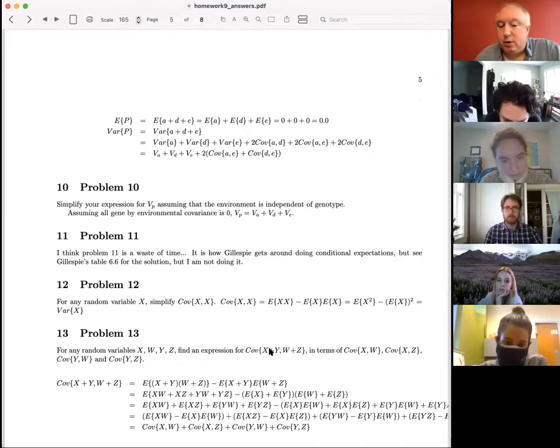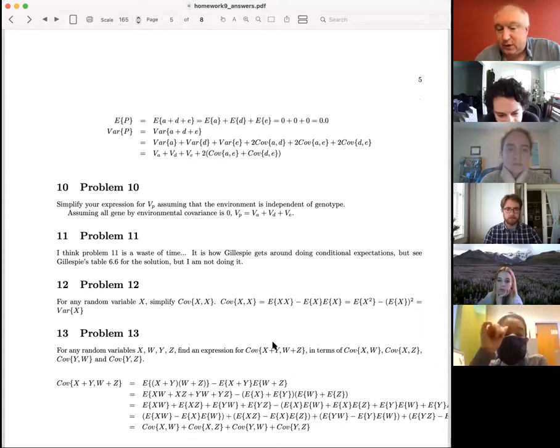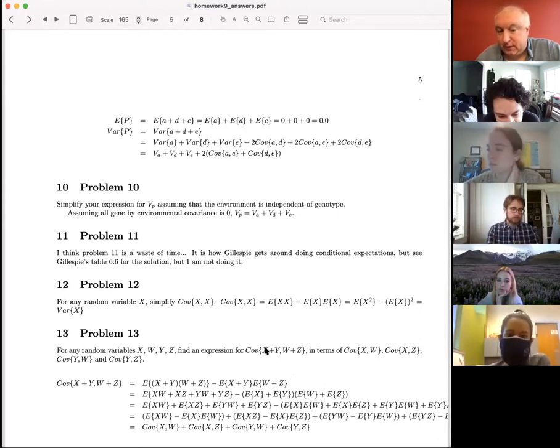So what I learned is the covariance of a sum, or in this case, the covariance of one sum with another sum, looks like the sum of all the individual covariances.